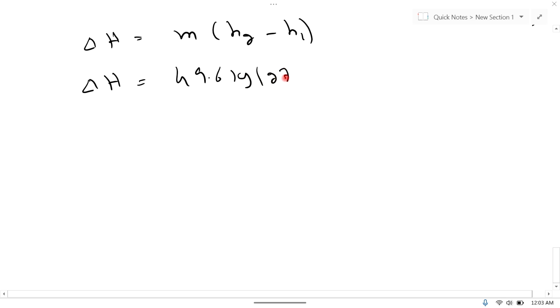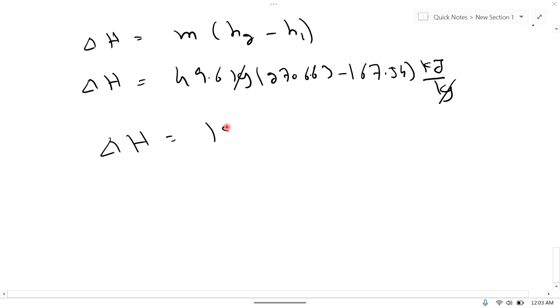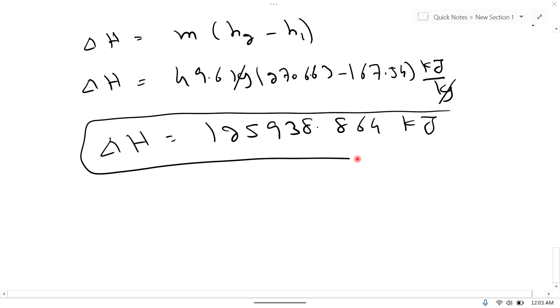H2 is equal to 2706.63 minus 167.54 kilojoule per kg. Kilogram will be cancelled by kilogram. So the final answer of enthalpy is equal to 125,938.864 kilojoule. So this is the final answer of change in total enthalpy.